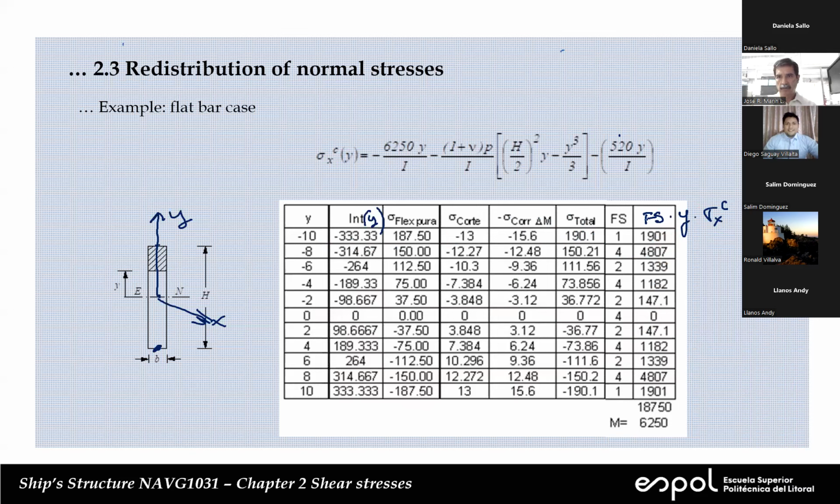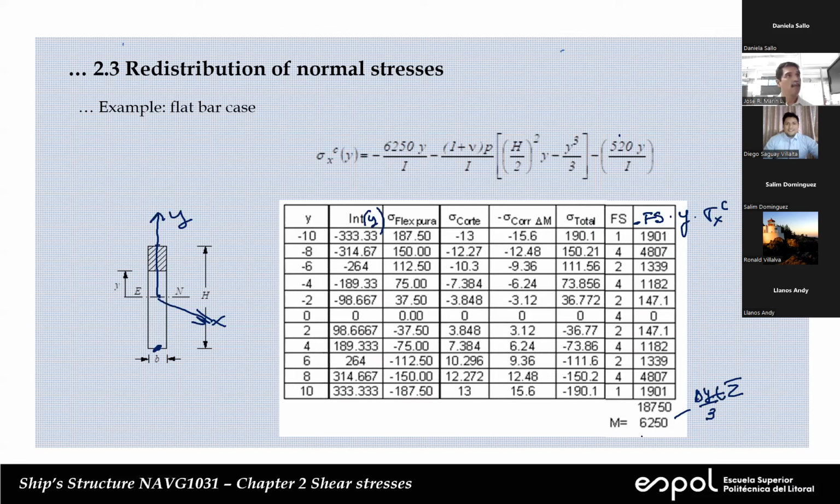Yeah, because you integrate minus sigma y dA. So this is the summation, and this thing here is the summation. We multiply by the thickness, and then we multiply by delta y over 3. So in this case, delta y, as you can see here, it's 2 centimeters. And the result is 6250.